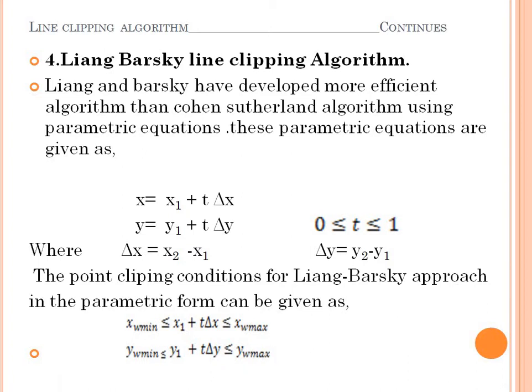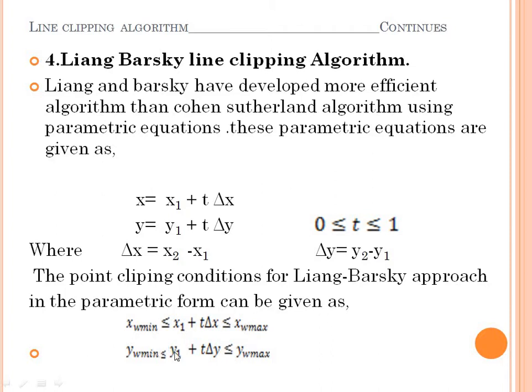In these two inequalities there are four conditions. The first is x1 plus t into delta x is greater than or equal to xw minimum, and x1 plus t into delta x is less than or equal to xw maximum.